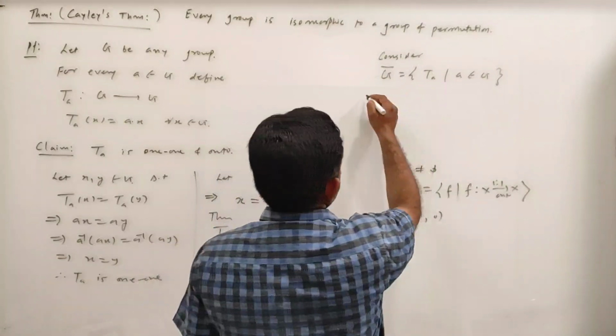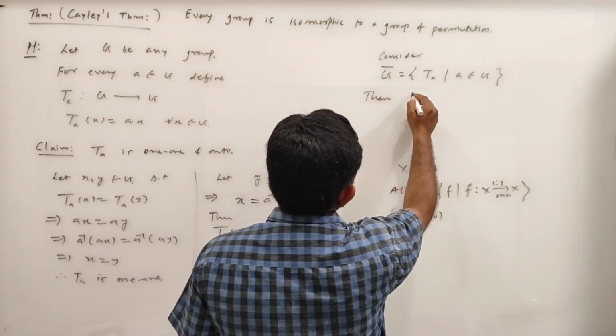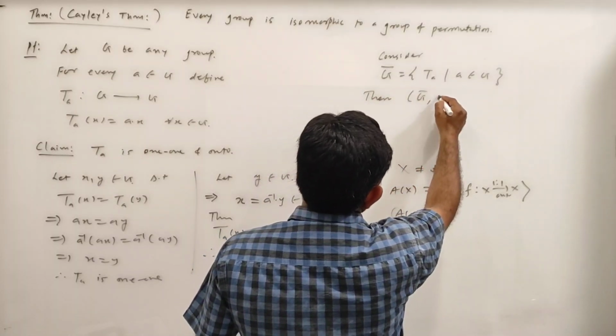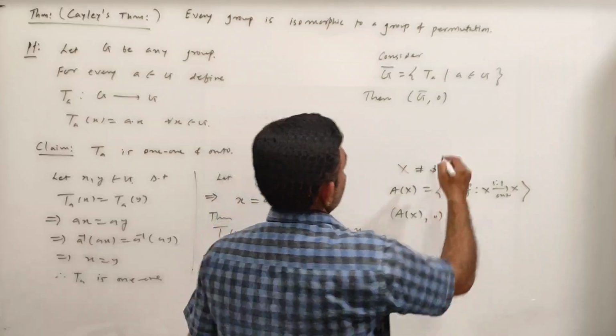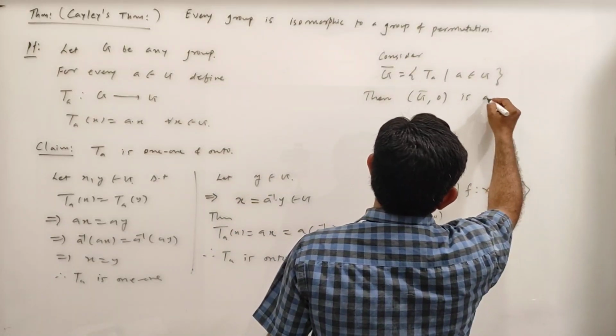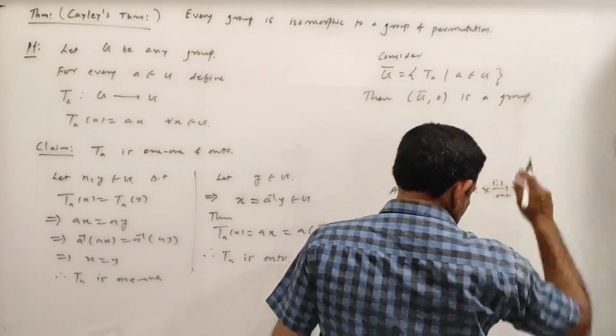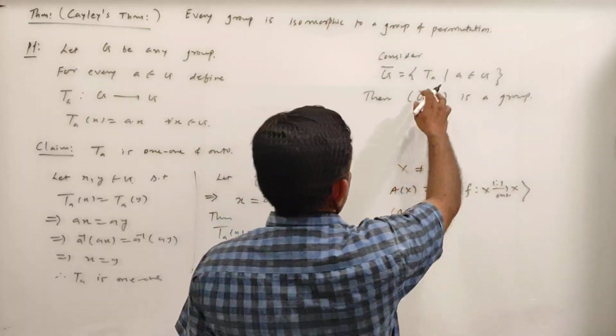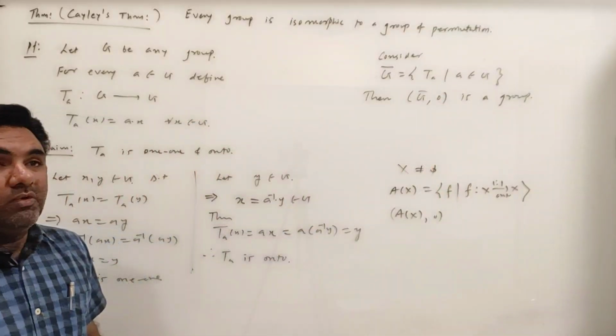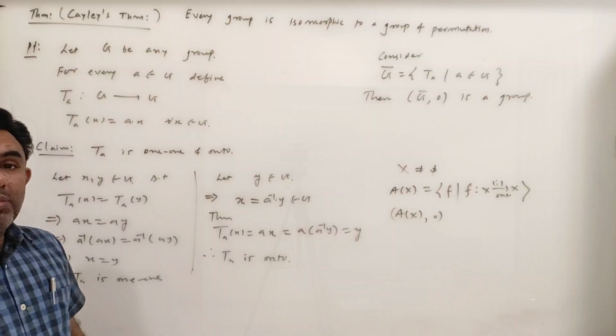So consider this, then G bar with composition of function is a group, and here elements of G bar are 1-1 onto functions, so they are permutations.